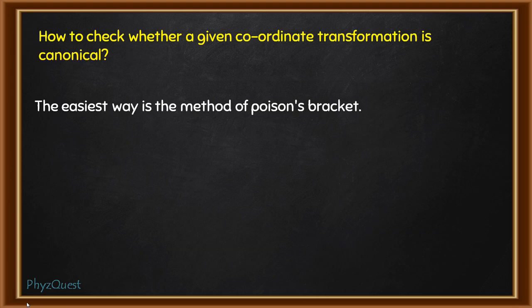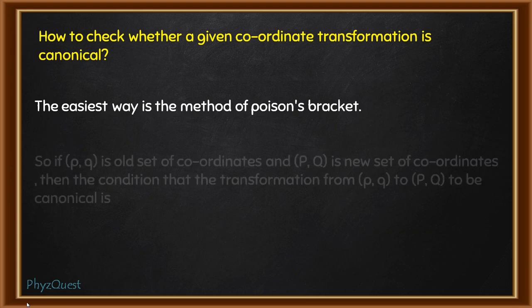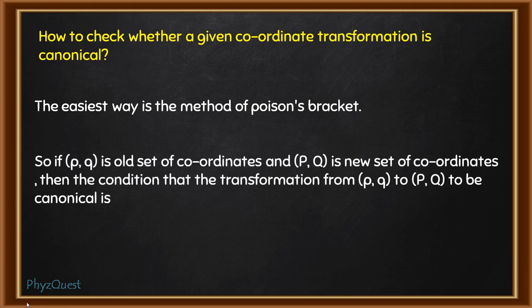Suppose there are two sets of coordinates. The old set of coordinates is small p, small q and the new set of coordinates is capital P, capital Q. The condition for the transformation from small p, small q to capital P, capital Q to be canonical is that the Poisson's bracket of capital Q and capital P is equal to 1.